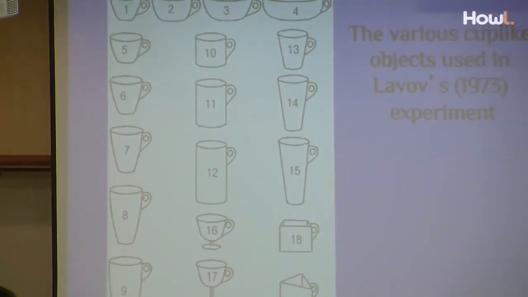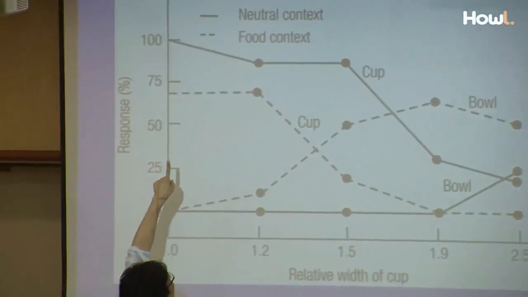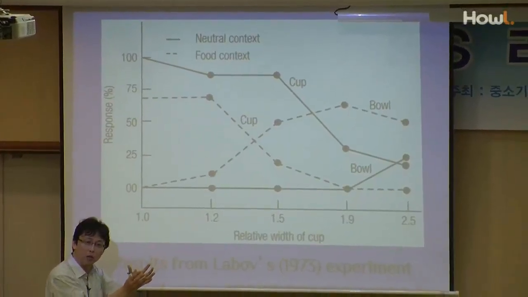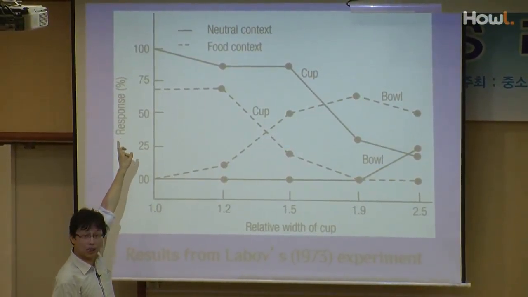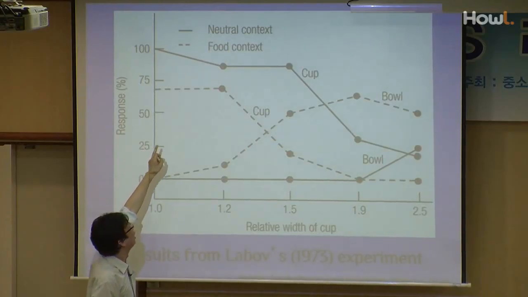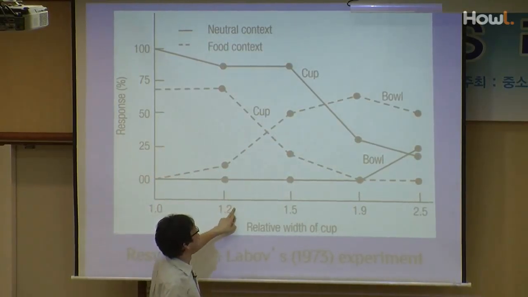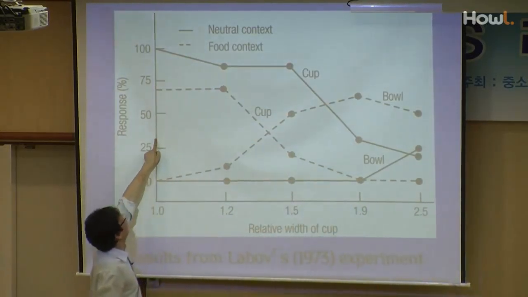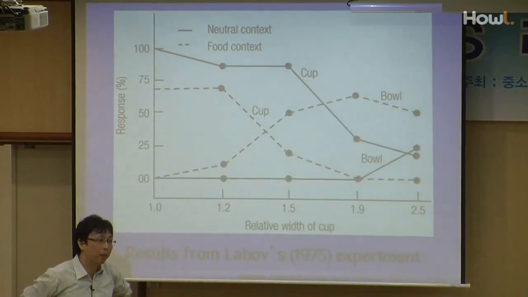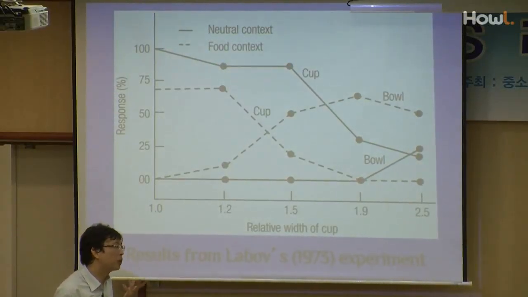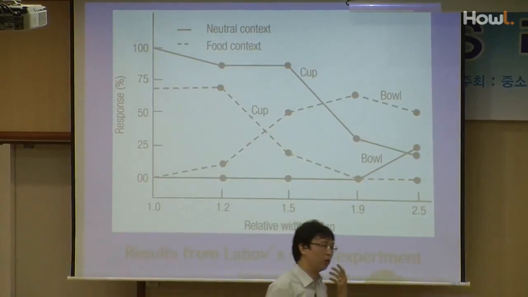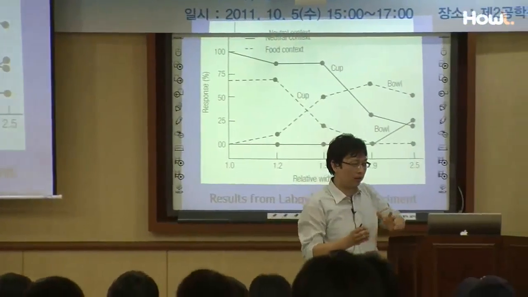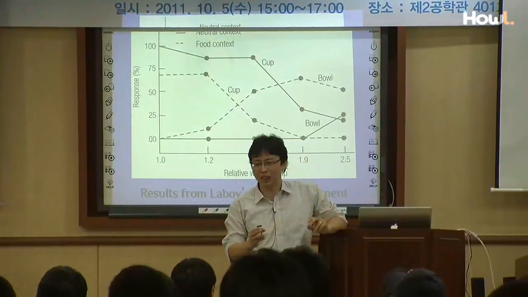Using this kind of simple categorical information, when the relative width is the round one, all of them call it a cup. But when it gets down to 1.2, 1.5, and 1.9 here, around 40% say this one is a cup. This means we are probably trying to recognize the cup in terms of relative width. That could be one of the characteristics we can use to define the cup.